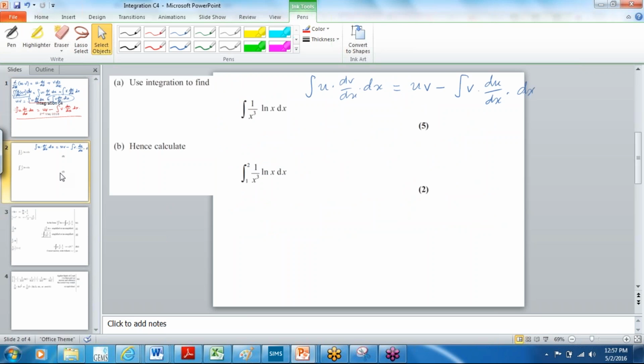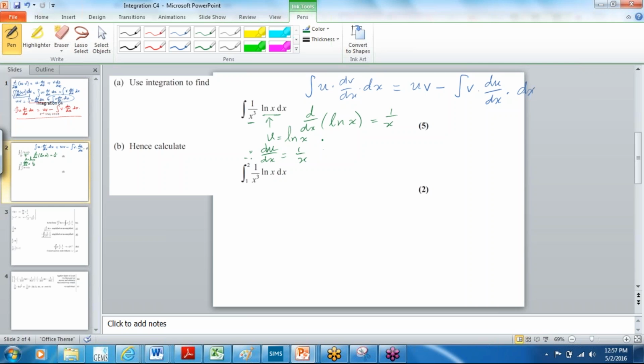Let's have a look at this equation. Knowing that we've got a product here, we've got the natural log of x and we've got 1 over x cubed. Knowing that the derivative of the natural log of x is 1 over x will help us. If we let u equal ln x, then du/dx is 1 over x.